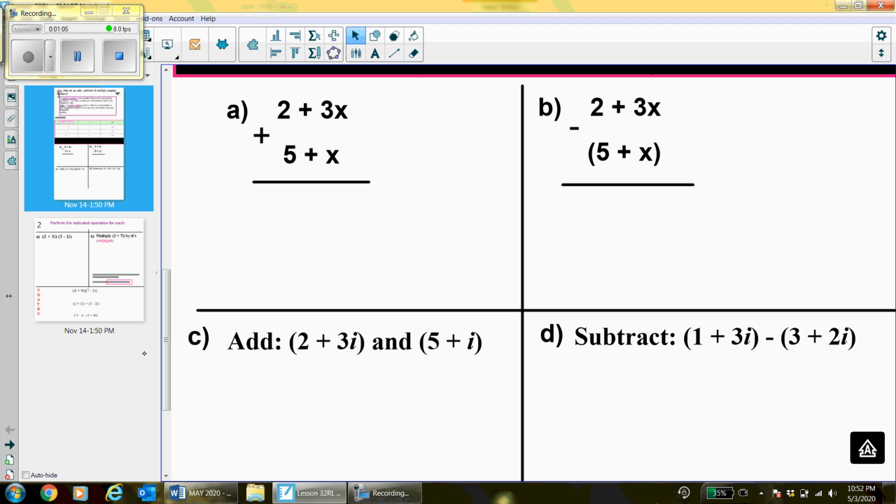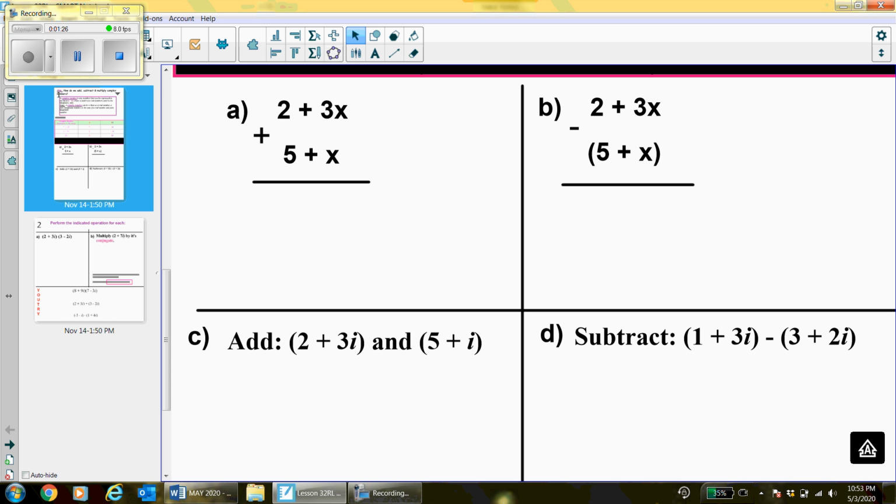A and B are examples of what you've normally seen, which is adding or combining like terms that have variables or don't have variables. It is the same thing when you're adding and subtracting imaginary units.